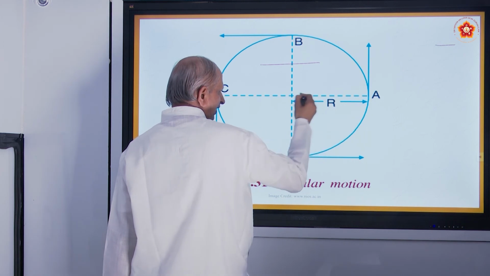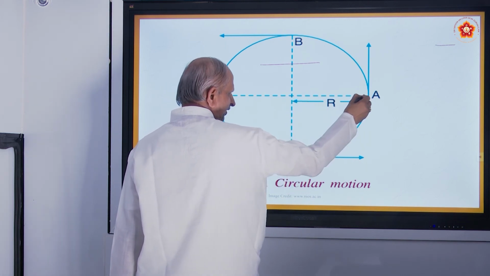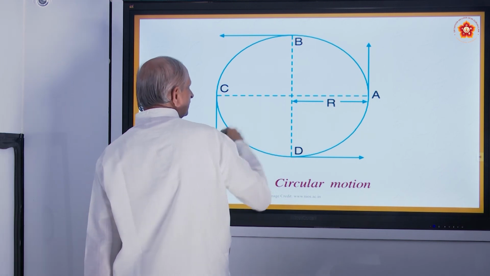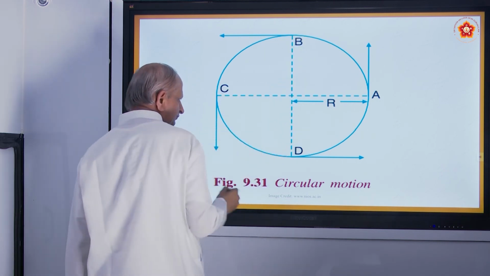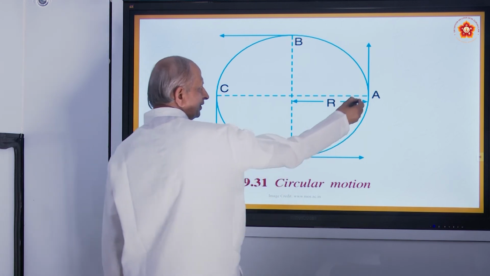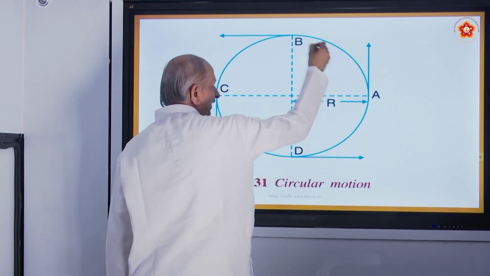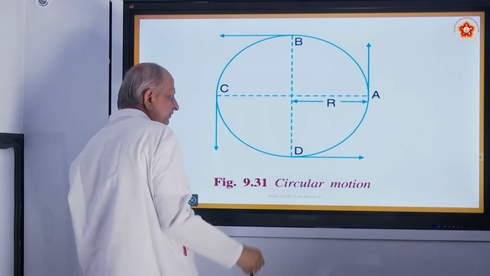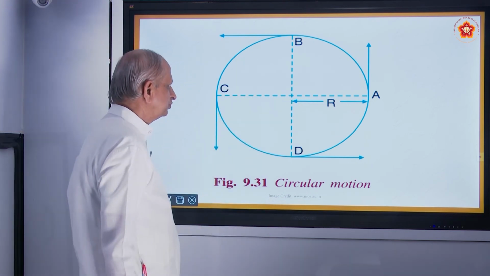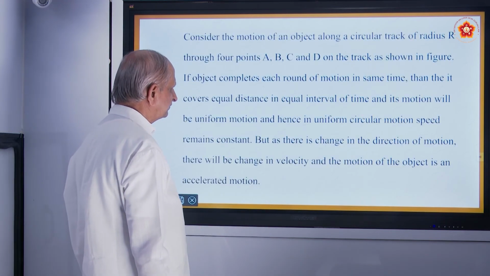So this is radius r, the body is at A, comes to B, and then comes to C, comes to D. What do the lines stand for? They are called tangents at the different points. So a body is going in a circular path. Now let us see what happens.